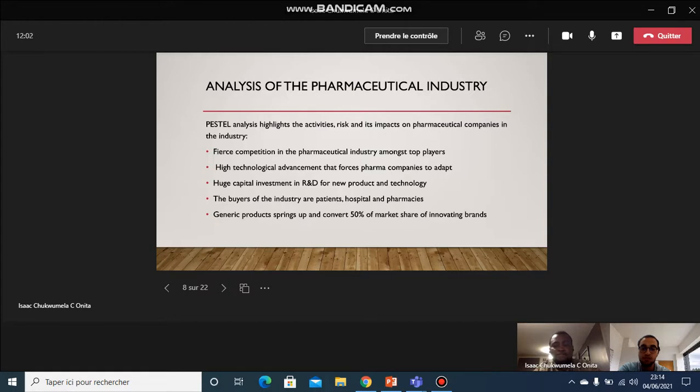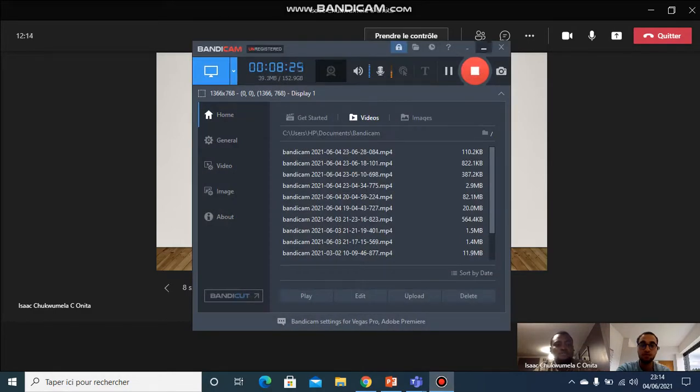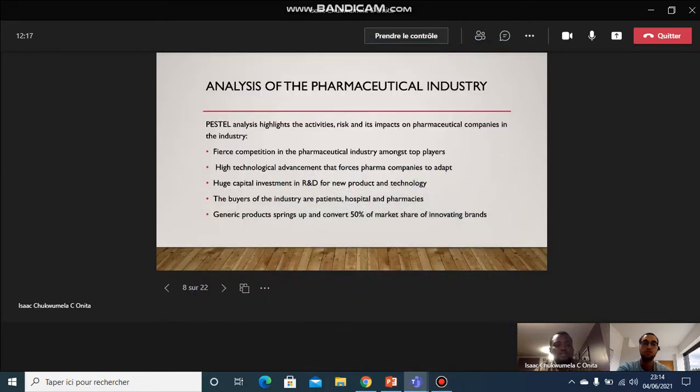Starting and going through an R&D process for a product is usually capital intensive, and it's not easy for a company to invest so much in a product and technology, where the payback period to get back such an investment is usually lengthy, and sometimes the recovery is not even fully achieved, as we can see in the next point, where the buyers in the industry are usually patients, hospitals, and pharmacies.